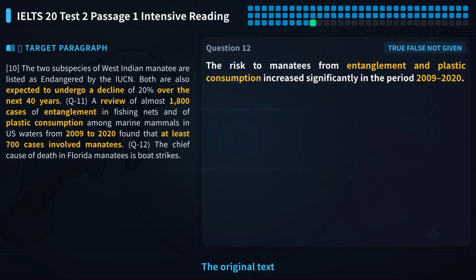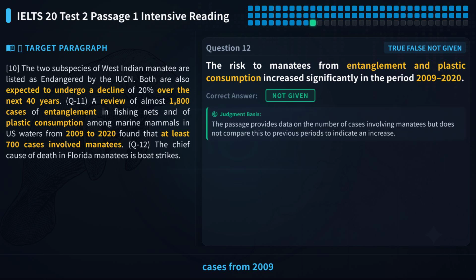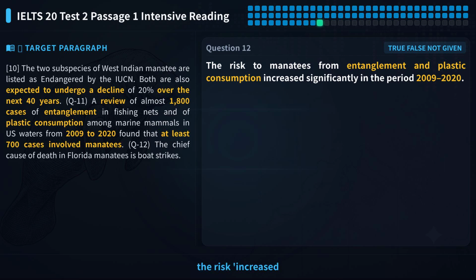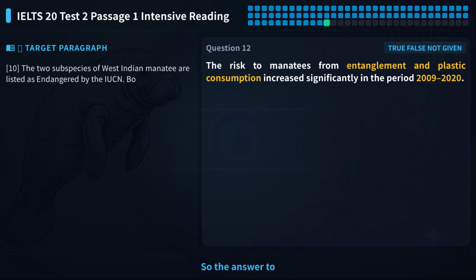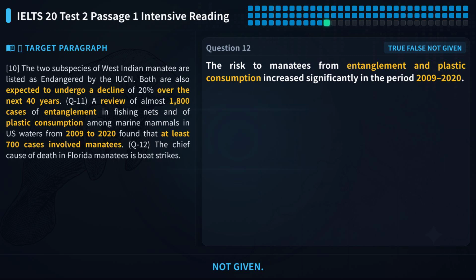The original text says, a review of almost 1,800 cases from 2009 to 2020 found that at least 700 cases involved manatees. The statement says the risk increased significantly, but the text only gives the number of cases. There is no comparison with an earlier period to show an increase. This is a typical invented information case, the concept is missing, not contradictory, so it is not false. So the answer to question 12 is not given.